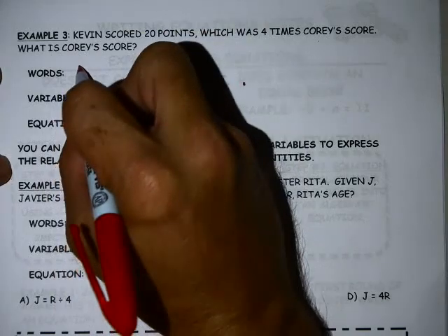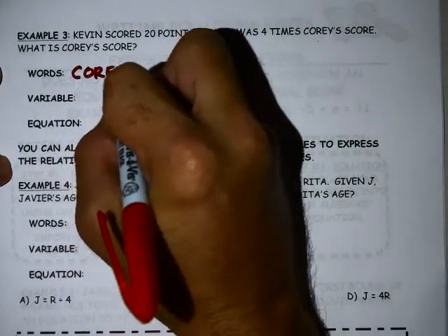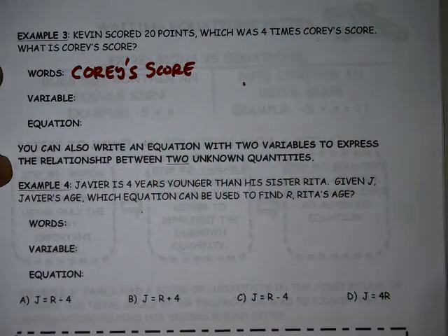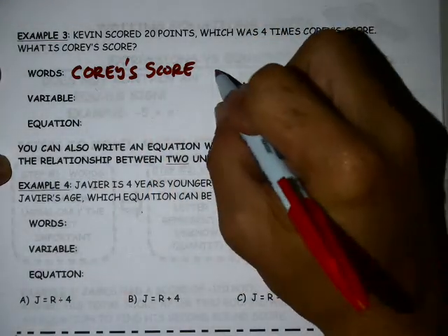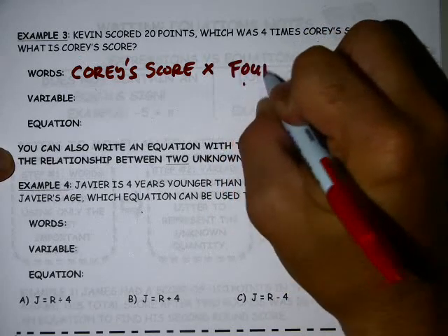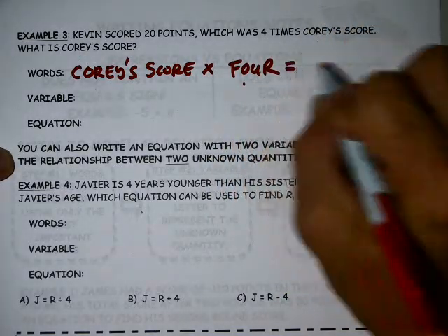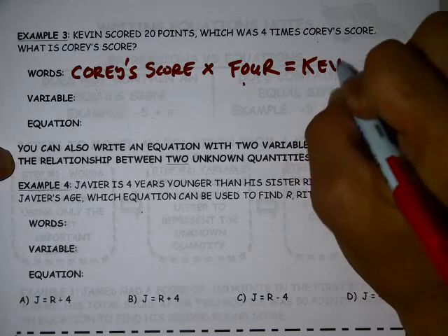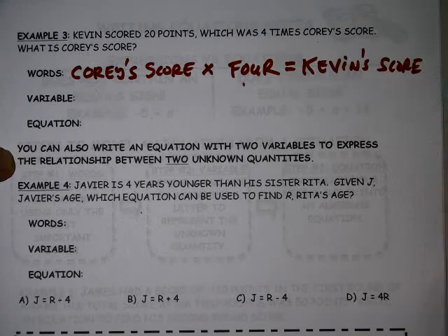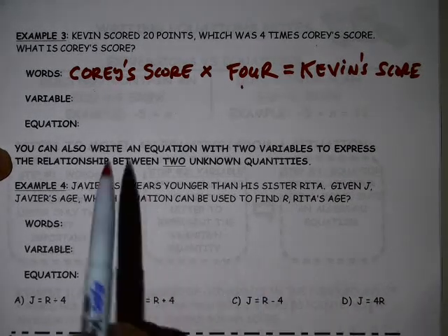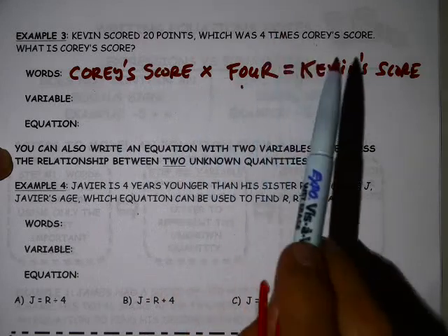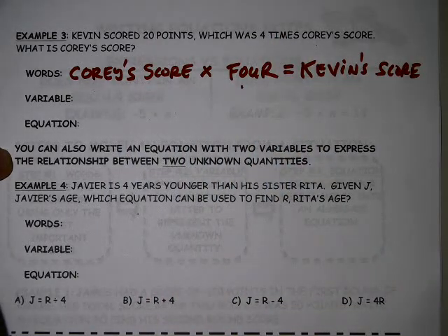So we're going to take Corey's score times 4, and that equaled Kevin's score. Okay, and then we look back to make sure it makes sense. Kevin's score was 20, and that was 4 times bigger than Corey's score.